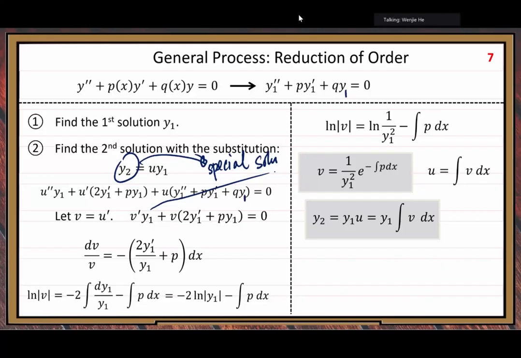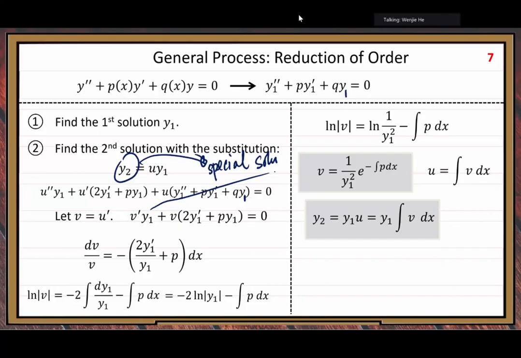Otherwise, if you do a linear combination on two linearly dependent functions, you won't get a general solution. That's the point. So there is another step.